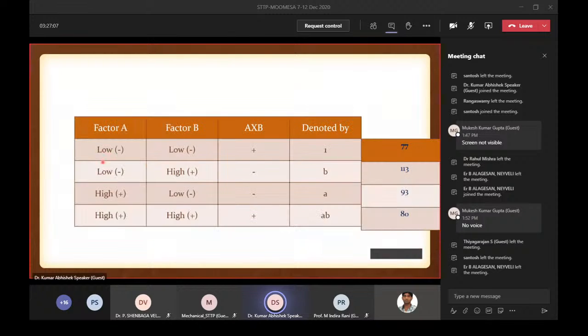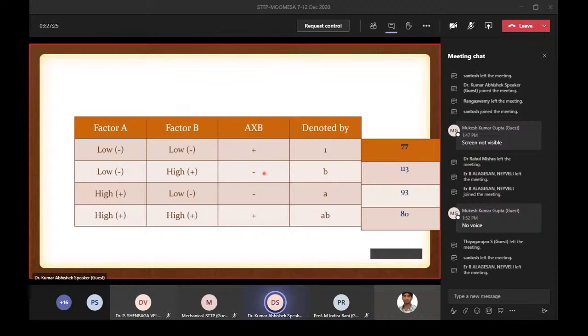Or you can write it in the axis form also. This is the low level, minus minus, this is the plus, minus minus, this is the minus. So this can be represented in tabular form also.